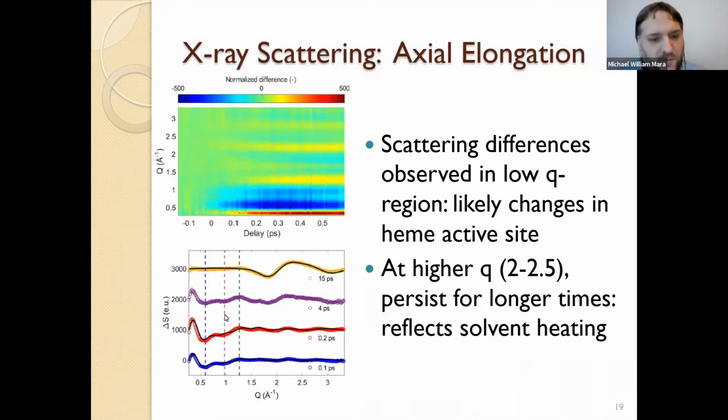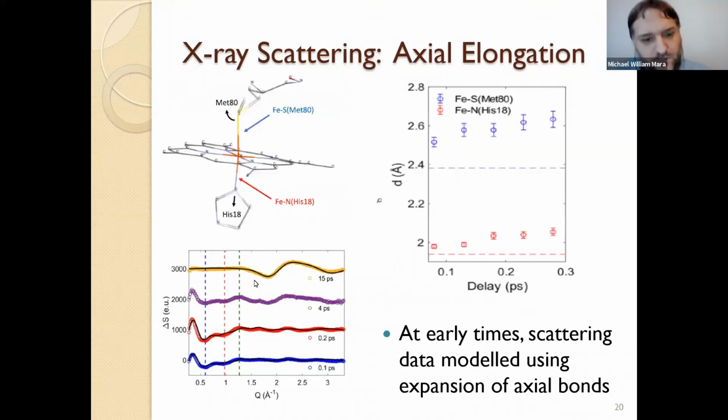So for right now, we'll focus on the low Q portion of this data and the modeling there. These black lines shown here show fits. Basically, the time-dependent scattering at Q below, I believe it was 1.2 inverse angstroms, can be modeled very effectively simply by moving the axial ligands out.